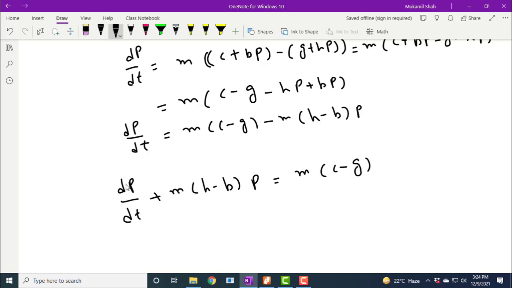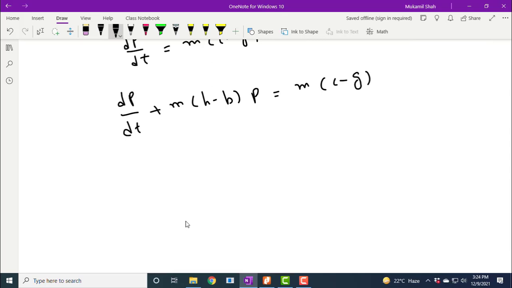So this is a linear differential equation because there is no interaction term, and the maximum power of the variables is also 1. So this is a linear first order differential equation.